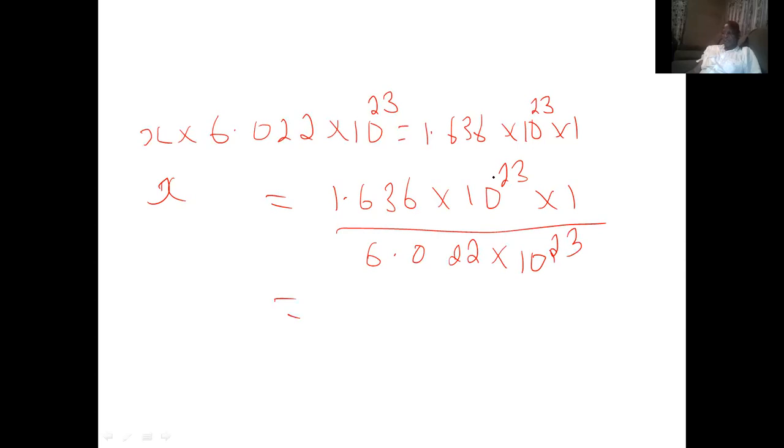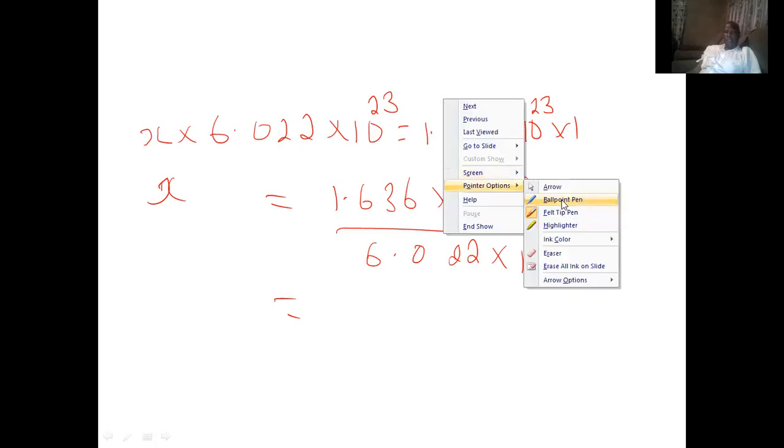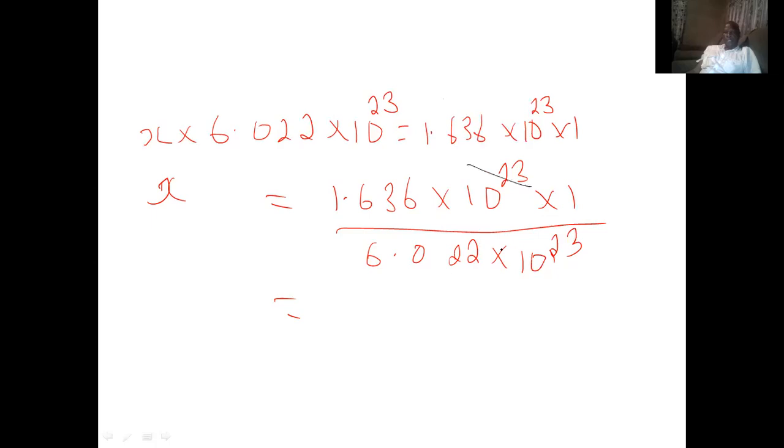The powers of ten cancel, and we have 1.636 divided by 6.022, which is equal to 0.272 moles.